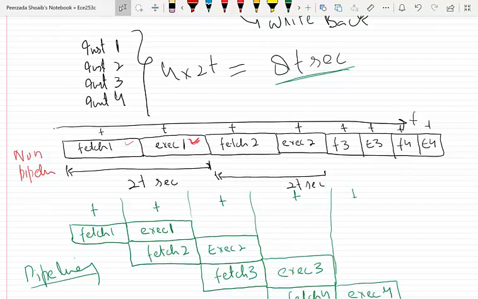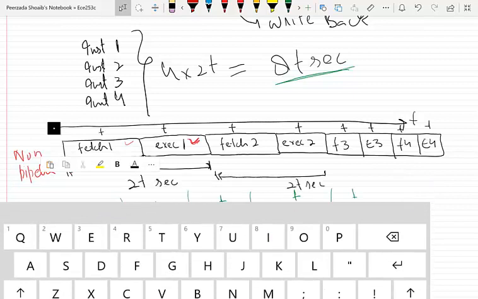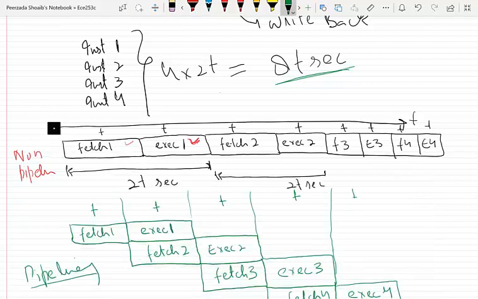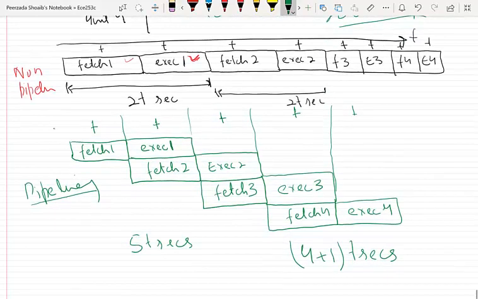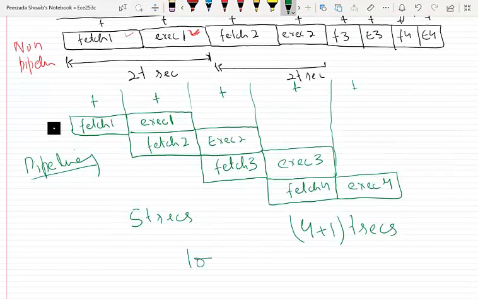And if the number of instructions is very large, maybe 1000, what will happen? This system will take maybe 2000 cycles or 2000 t seconds to execute, but this pipelining system will only take 1000 plus 1. The first one is extra because in the first phase we are only fetching the instruction.